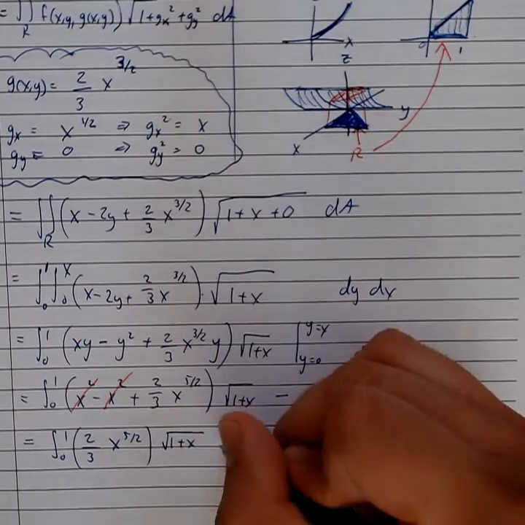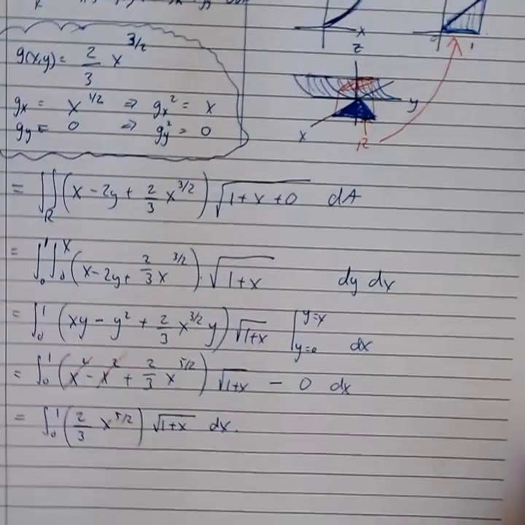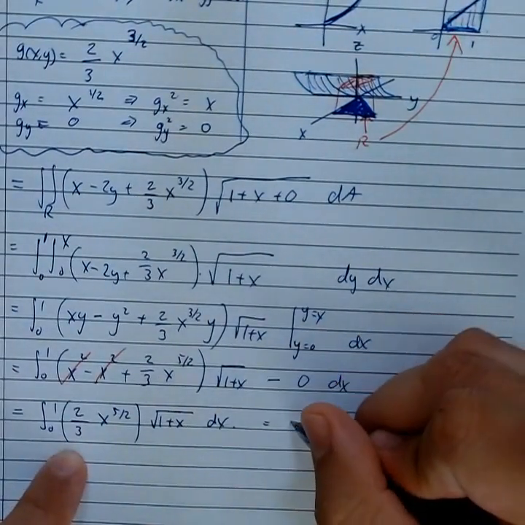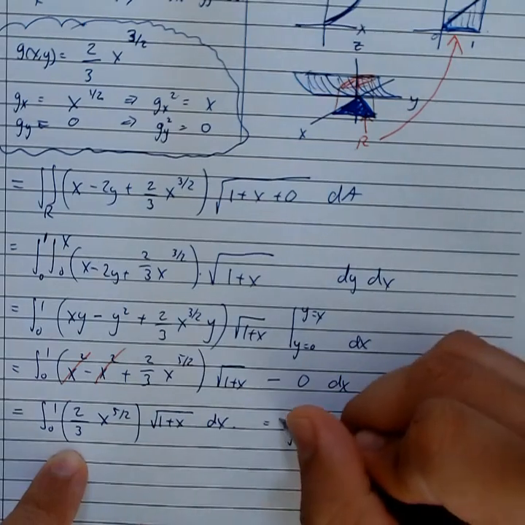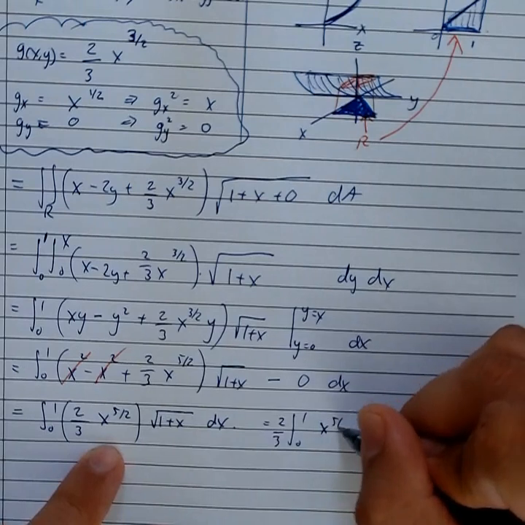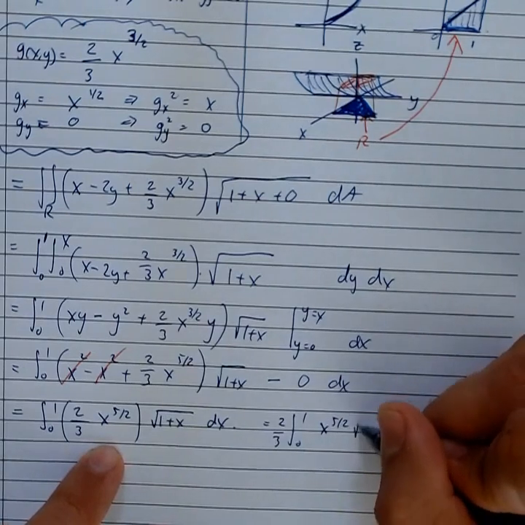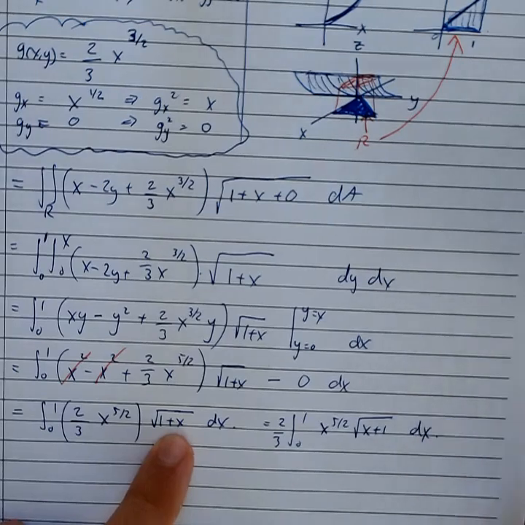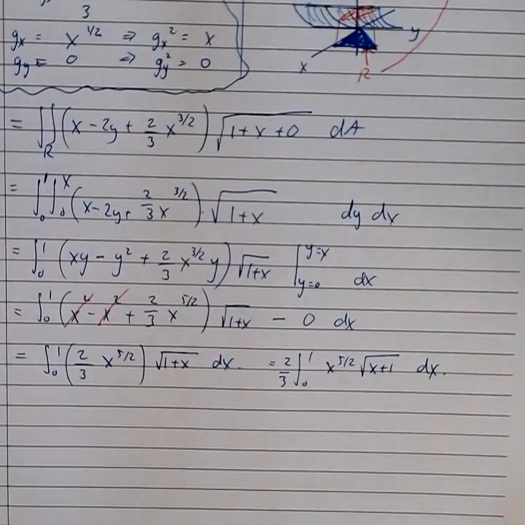Oh, and I guess I should say dx, right? Which is, you can factor out that 2/3 if you like. You can write this as 2/3 times the integral from 0 to 1 of x to the 5 halves times the square root of x plus 1 dx. That one looks nice and simple.